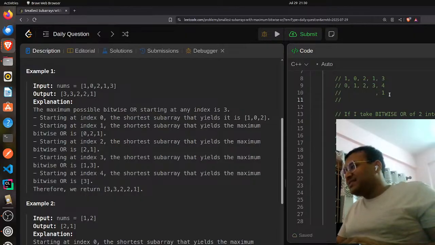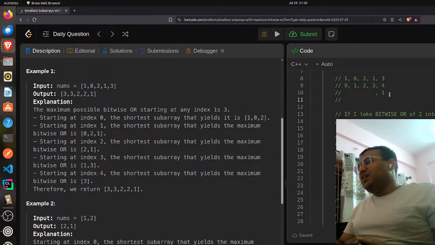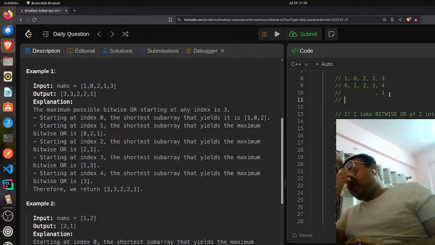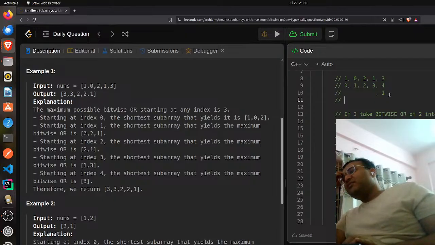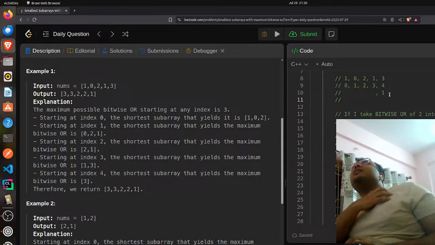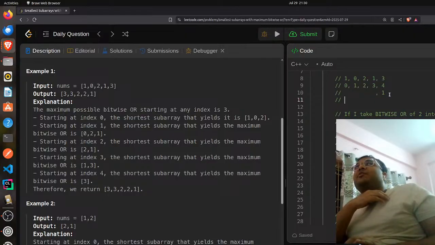Okay, so in this example, 1 and 2 making an OR gives 3. So the last 3 is of no use, right? So we want to find not only the greater element, but let's say if the last 3 had been 4, then the answer would have been 5 for this, right? So it is not only the next greater element. We have to find the element with the next greatest bit, right?